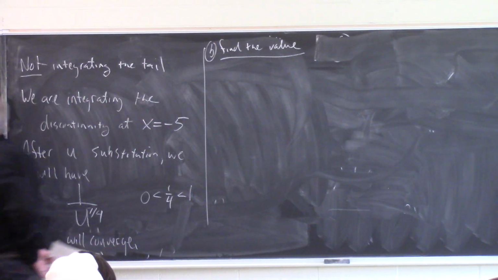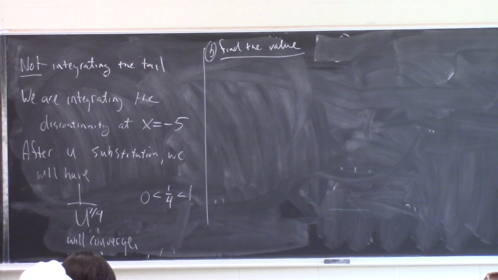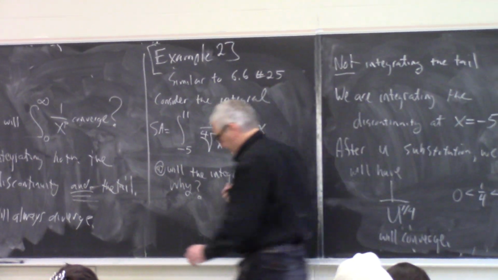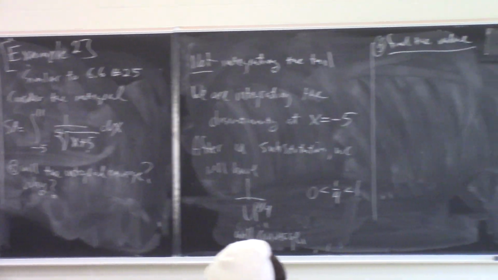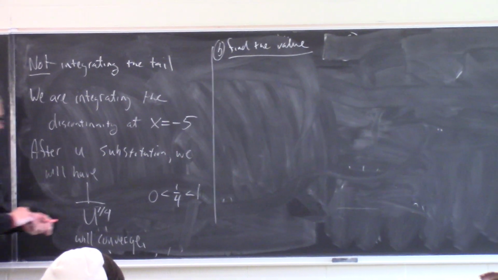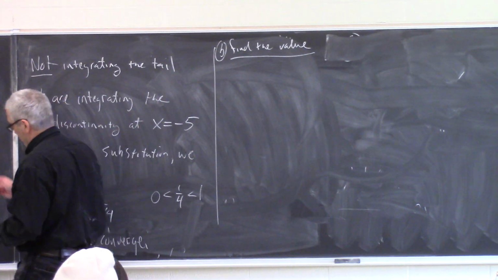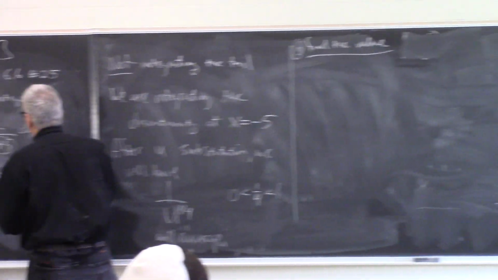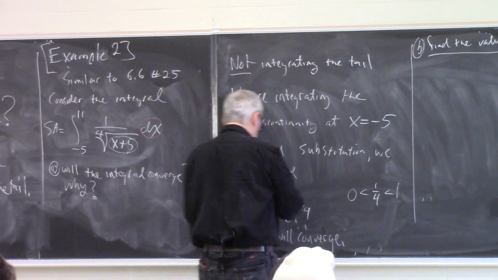Since we know this is going to converge, I'm going to give this a symbol SA for signed area. So we're going to do a u substitution. I let my inner function be my u, and then I'm going to find a new version of dx.